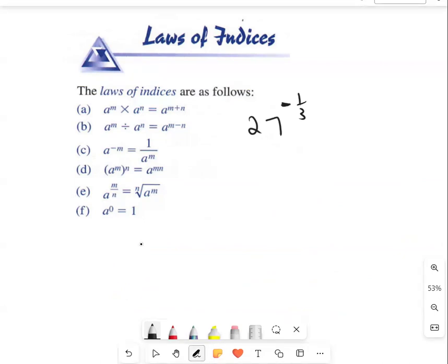Well, you get with different ways, right? Watch this way. Do you see 27 as 3 to the third power?